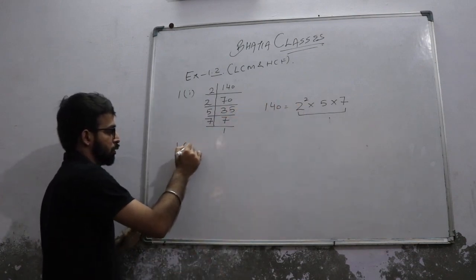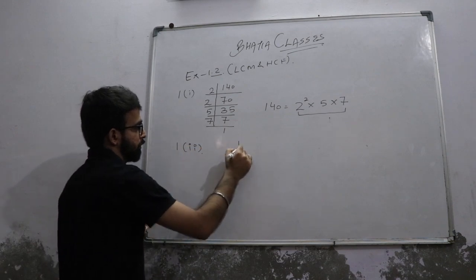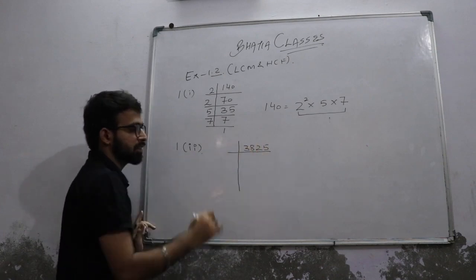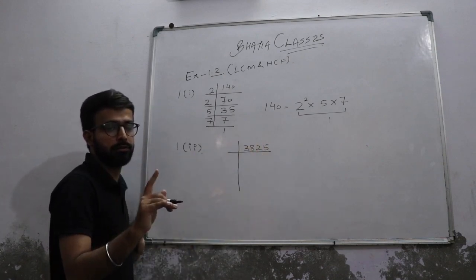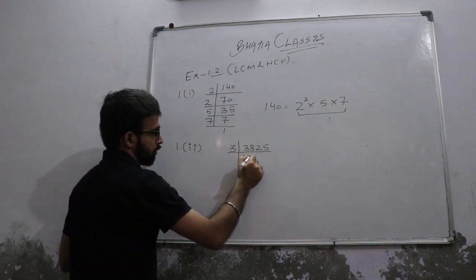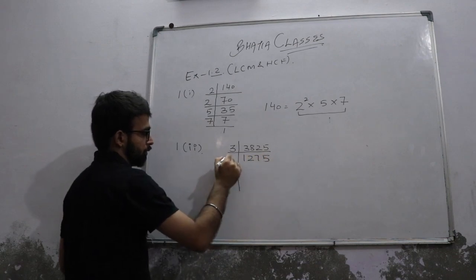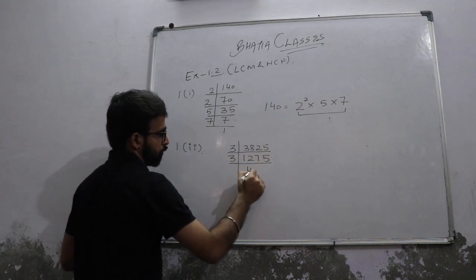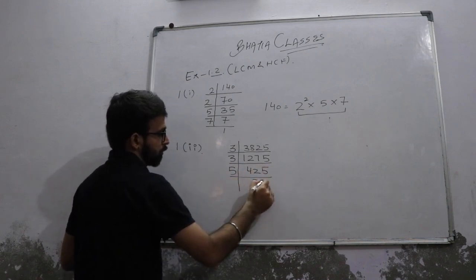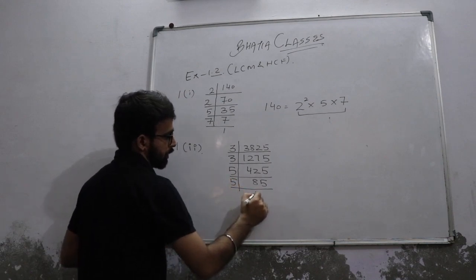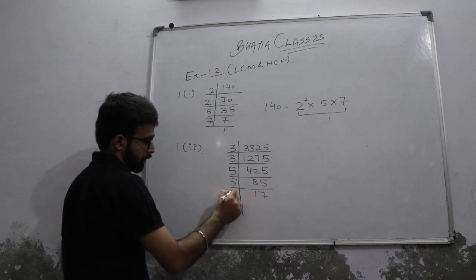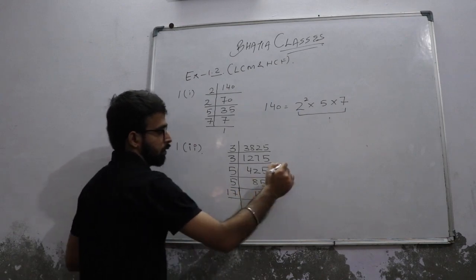I will do one more sum. Prime factors of 3825. This number can be divided by 3 and 5, but this is the rule: you have to take the smaller number. Divided by 3, you get 1275, again by 3, you get 425, then by 5, you get 85, again by 5, 17. 17 is a prime number, so it will be divided by only 17, giving 1.